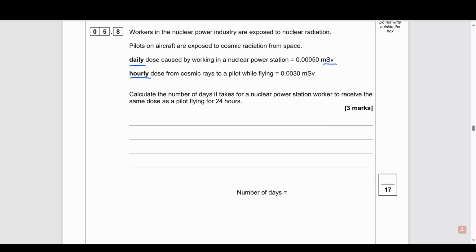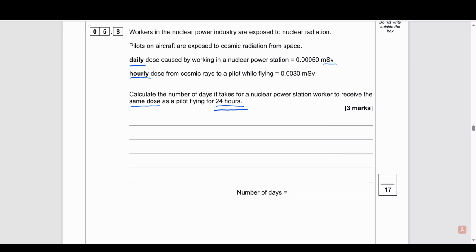Calculate the number of days it takes for a nuclear power station worker to receive the same dose as a pilot flying for 24 hours. So, the time period they've told us is 24 hours. They've told us a daily dose and an hourly dose. We need to get a comparison between them, which is the same.